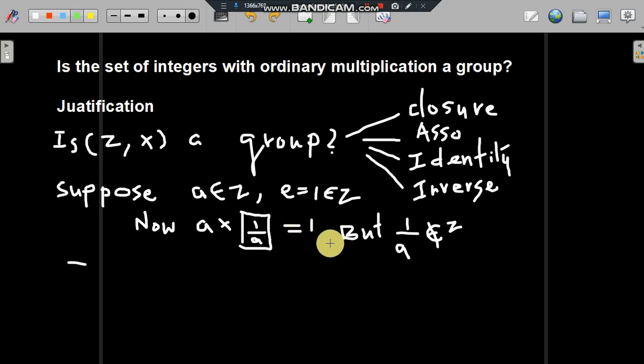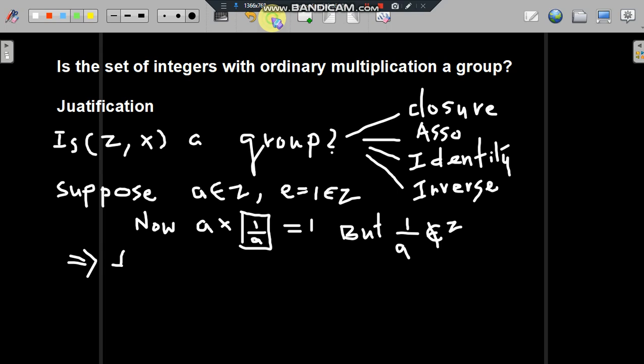But here it is impossible. 1 by A is not in Z, because in Z we have only the numbers 0, 1, 2, 3, 4, or minus 1, minus 2, minus 3, and fractional numbers will not come in the set of integers. Therefore we cannot find such a number in Z.